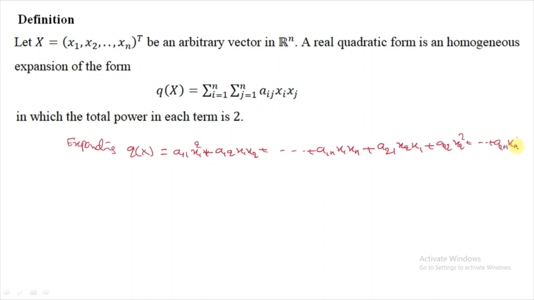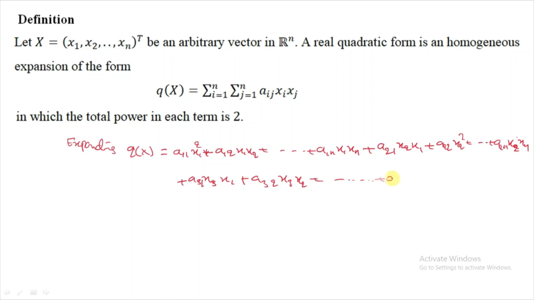Plus, for i equal to 3: a31 x3 x1 plus a32 x3 x2 plus and so on.